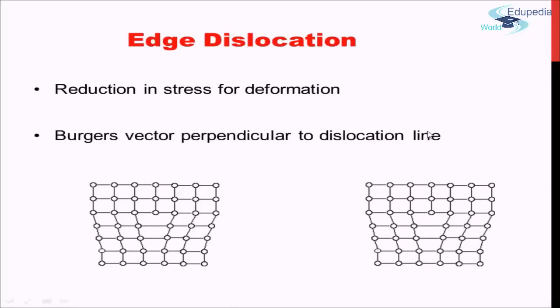Now an important criterion to understand what the edge dislocation is, or any dislocation for that matter, is known as a Burgers vector. So what is exactly a Burgers vector? A Burgers vector reflects how much deviation from the ideal scenario is there due to the presence of dislocation.